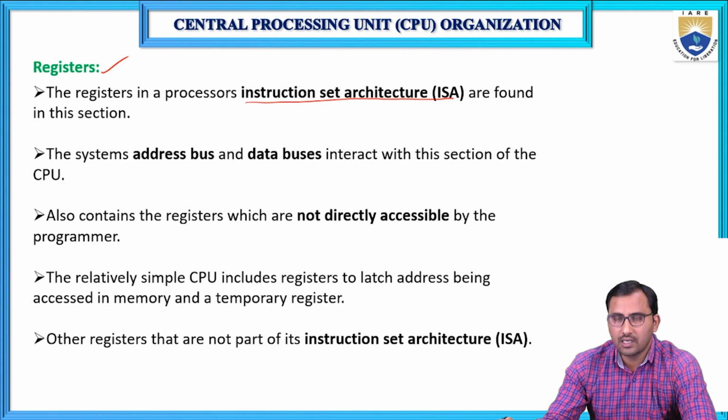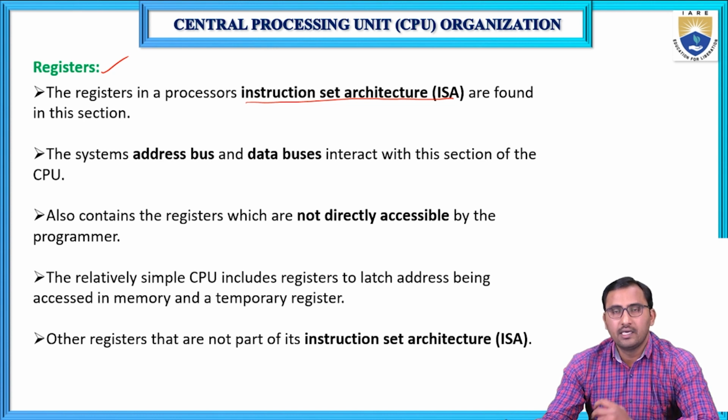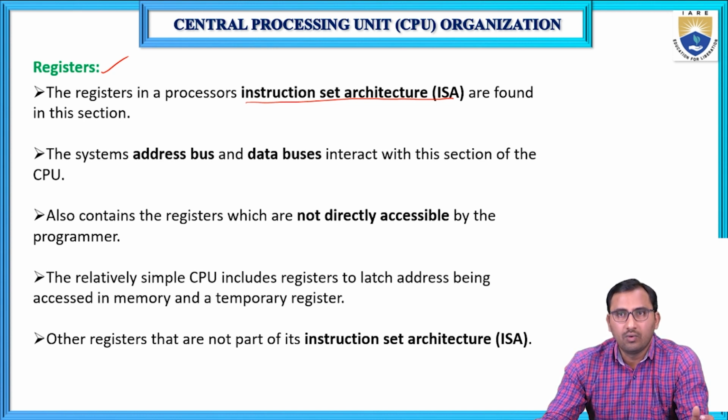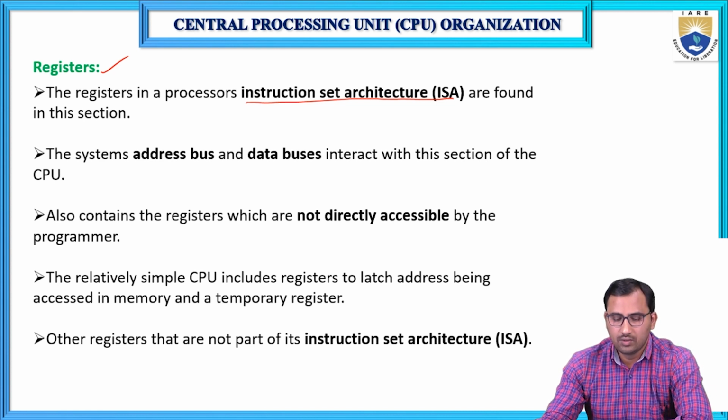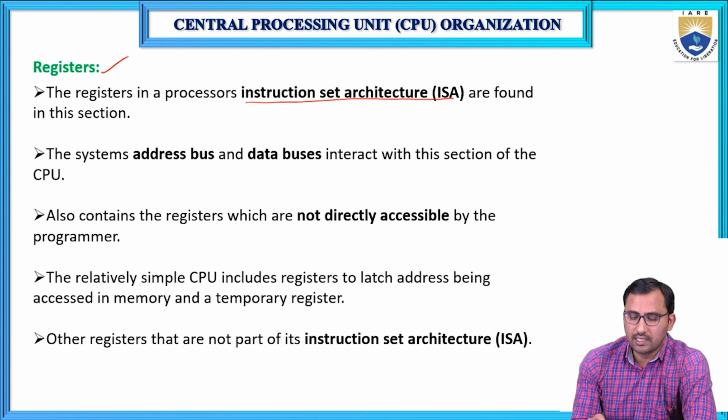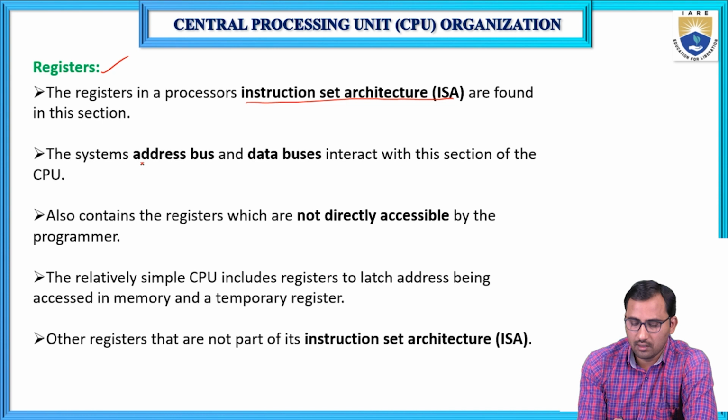This instruction set architecture decides what the computer will do and how it will do it. Next, the system address bus and data bus interact with this section of the CPU.